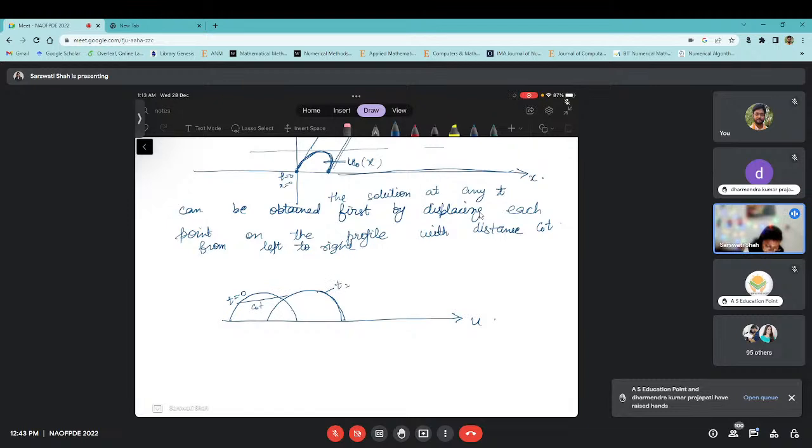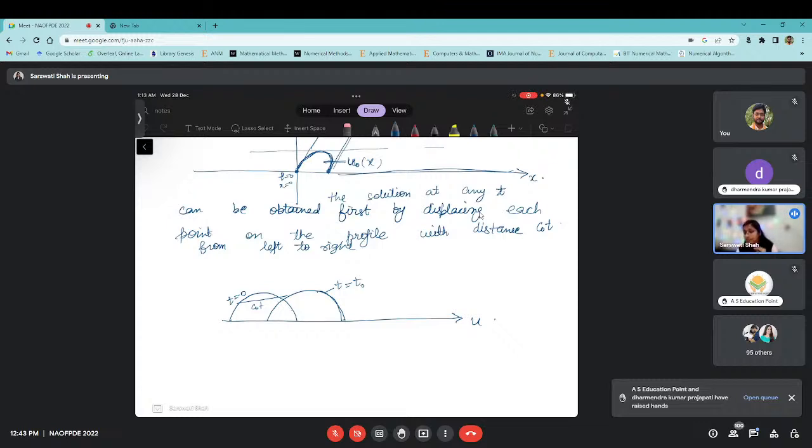So what kind of observation are we getting? We can see that the form of the solution doesn't change. It only displaces with time, with a distance c naught t.